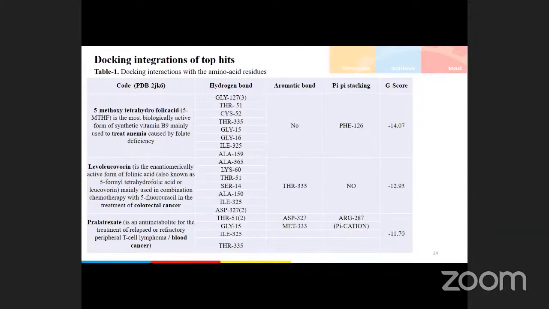So we have identified leucovorin as the second hit, and the third hit we identified is pralatrexate. This is also an anti-cancer agent, mainly used for blood cancer. It belongs to the category of anti-metabolites for the treatment of relapsed or refractory peripheral T-cell lymphoma, which is nothing but blood cancer.